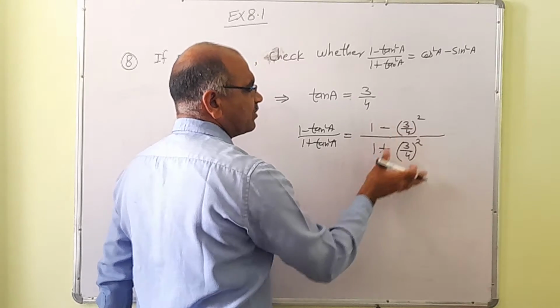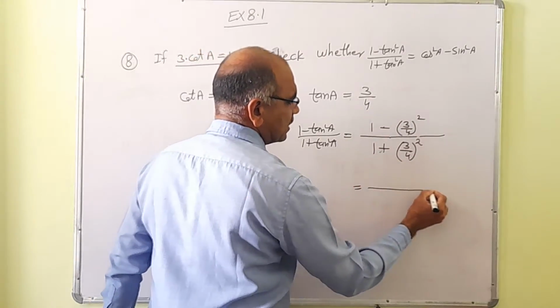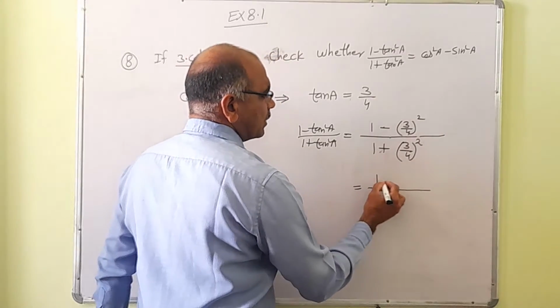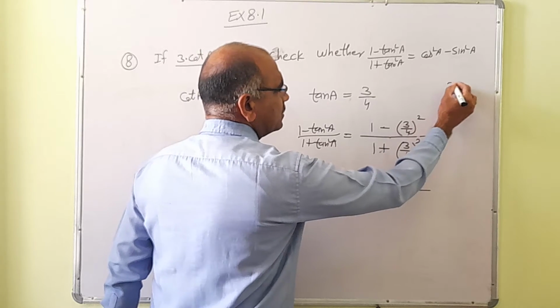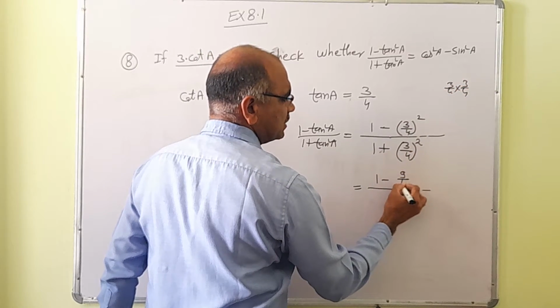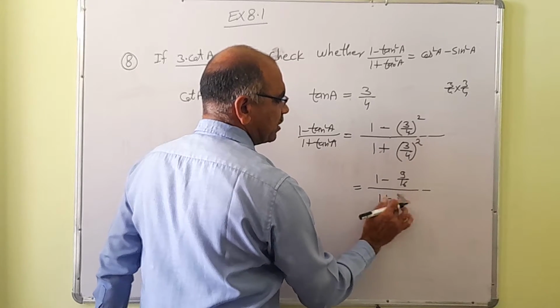Sign के अलावा कोई difference नहीं है. This is our division line, divider line. 1 minus, open this bracket, 3 upon 4 into 3 upon 4 gives 9 upon 16. On lower side, positive 9 upon 16.